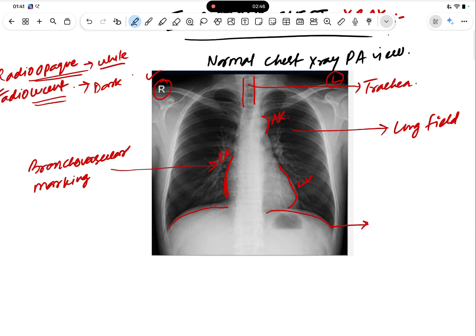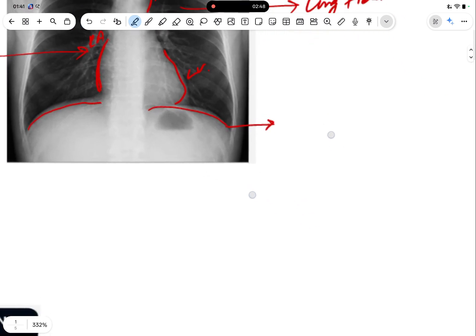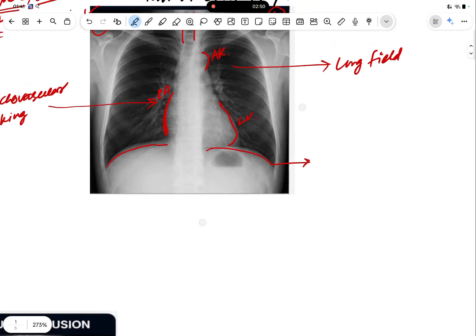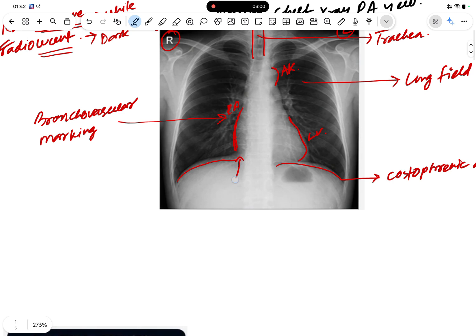This angle is called the costophrenic angle, and this angle is called the cardiophrenic angle.